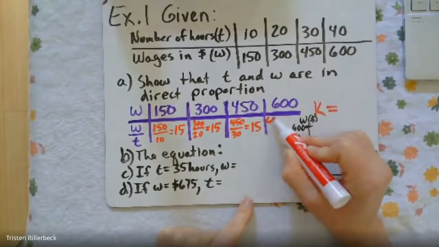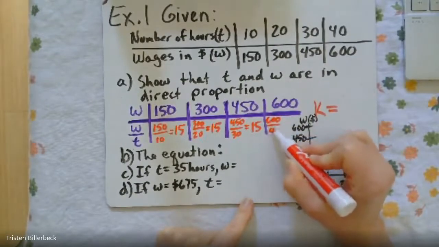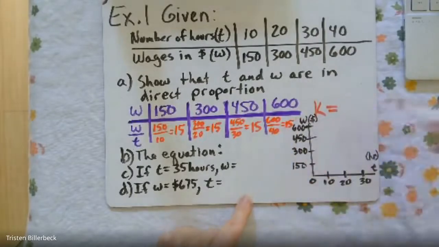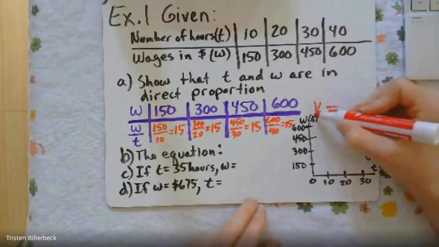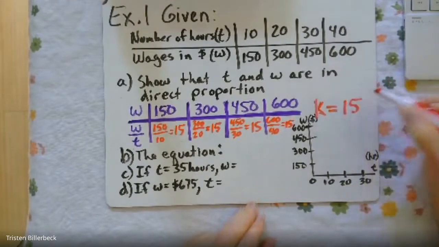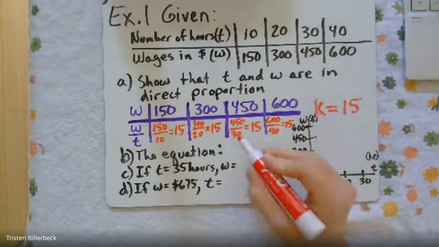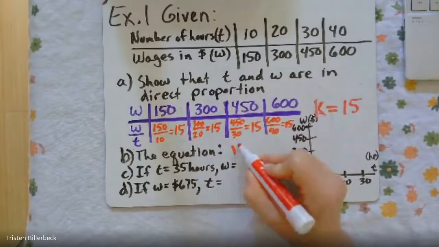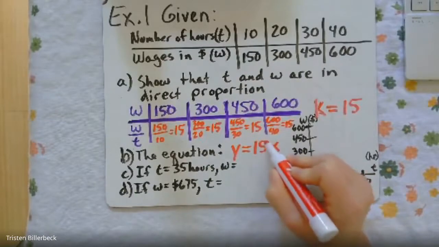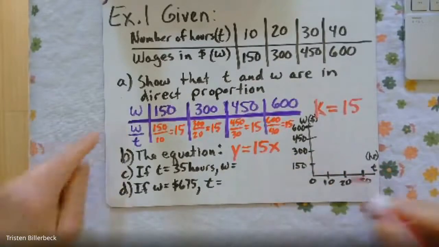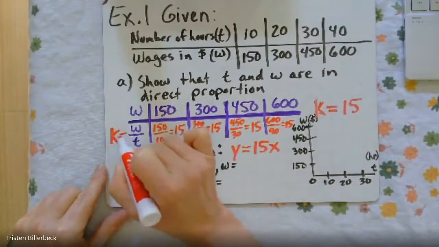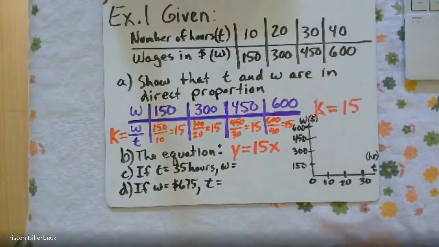And 600 over 40 equals 15. So our k is 15. The equation we can make is W equals 15T, because we found that our constant of direct proportion k equals W over T.